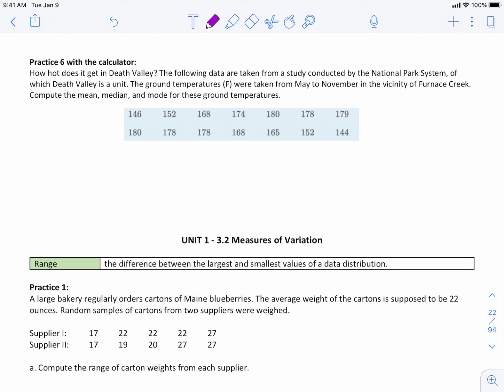Okay, so what we're going to do is take these data points and put them in a list in your calculator. So you're going to hit Stat. Then you're going to hit Enter on 1, which says Edit.